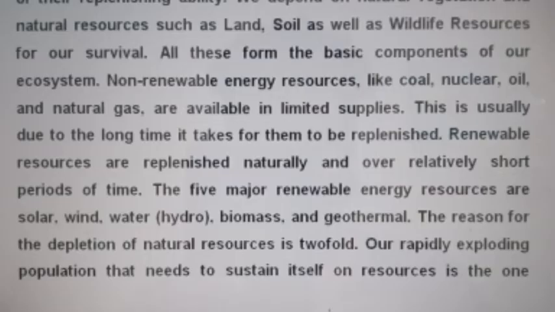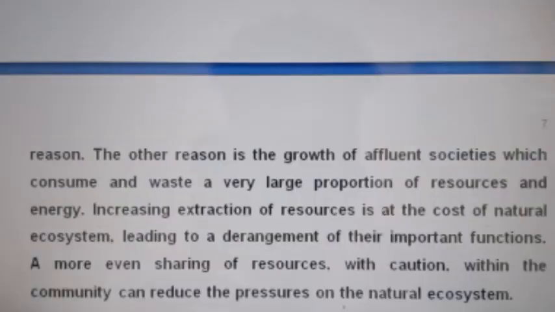The reason for the depletion of natural resources is twofold. Our rapidly exploding population that needs to sustain itself on resources is one reason. The other reason is the growth of affluent societies which consume and waste a very large portion of resources and energy.